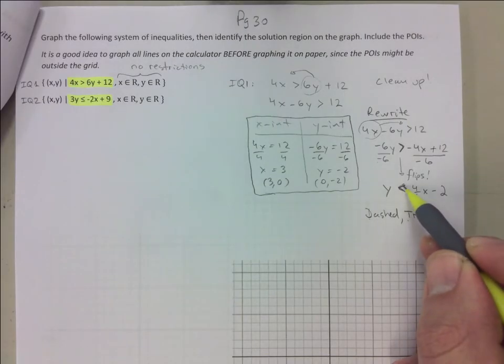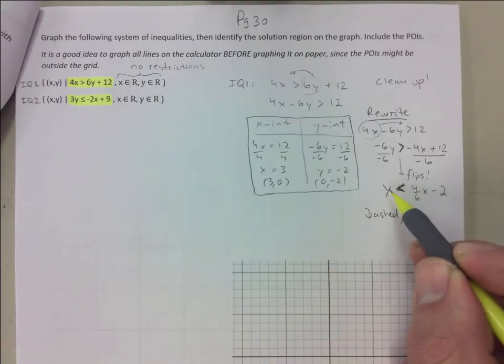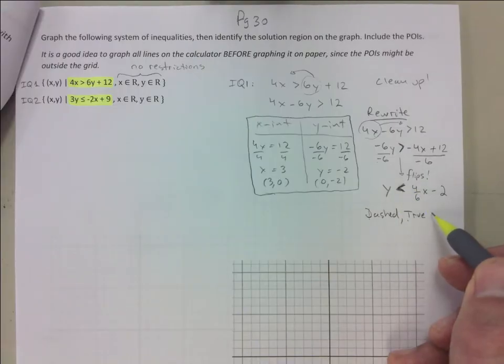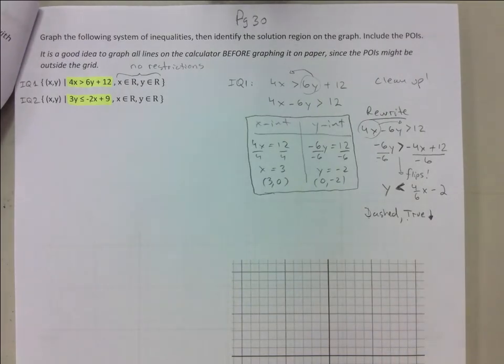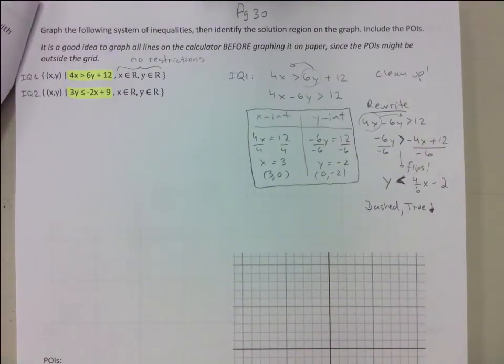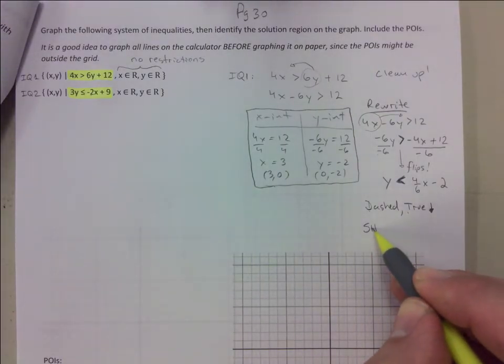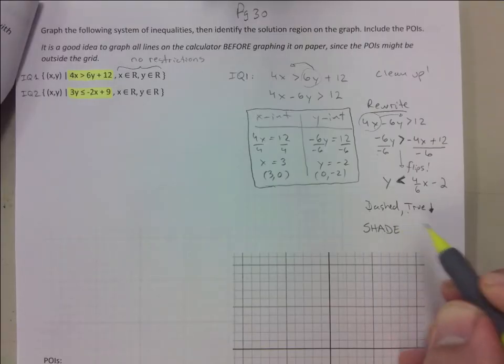The true region is where, if it's pointing this way, if y is less than, then the true region is below. But do you remember reverse shading? I talked about reverse shading. This is a tool we're going to use to figure out our solution region. I'm going to say shade above.